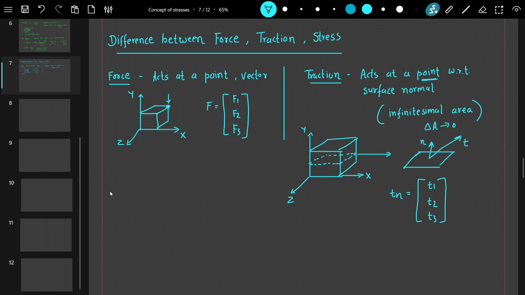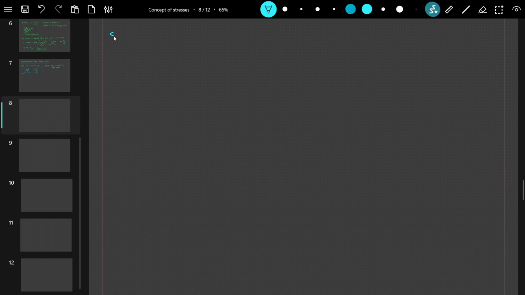Okay. Now comes stress. Like traction, stress also acts at a point, with respect to an infinitesimal cube or volume.